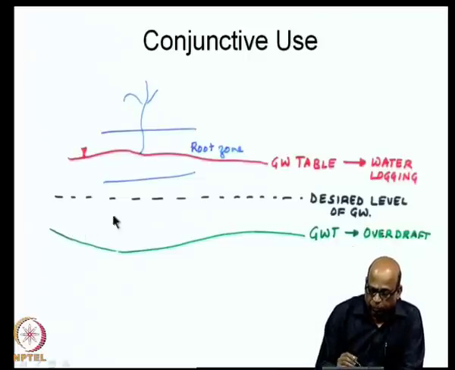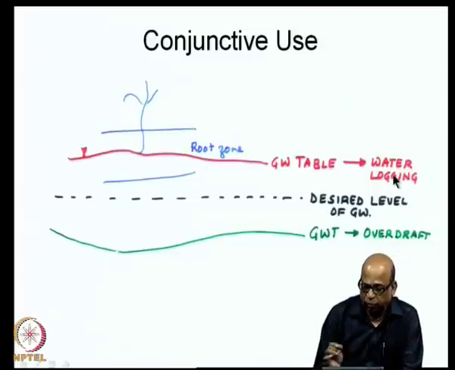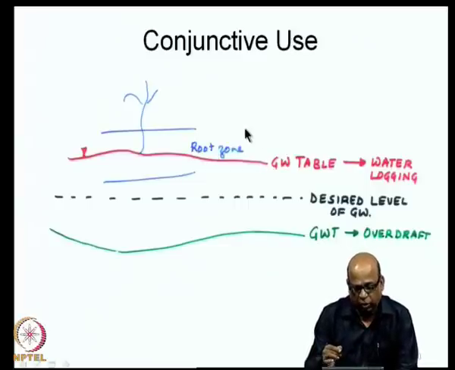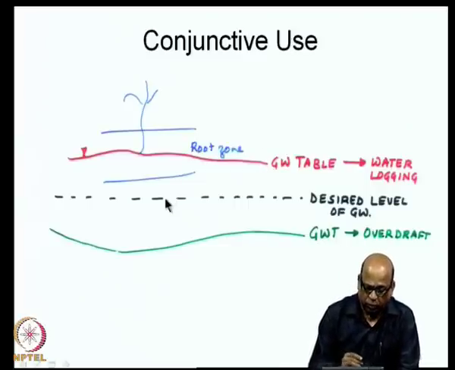Now, if you do not use the groundwater correctly, what may happen is the groundwater table may keep on rising and then enter the root zone. So, this is the groundwater table. It may enter the root zone, and this causes the problem of waterlogging. However, if you keep on lowering the groundwater table, that means if you keep on exploiting the groundwater without properly recharging it, then the groundwater table goes so far below the ground level that it becomes unsustainable or unusable.